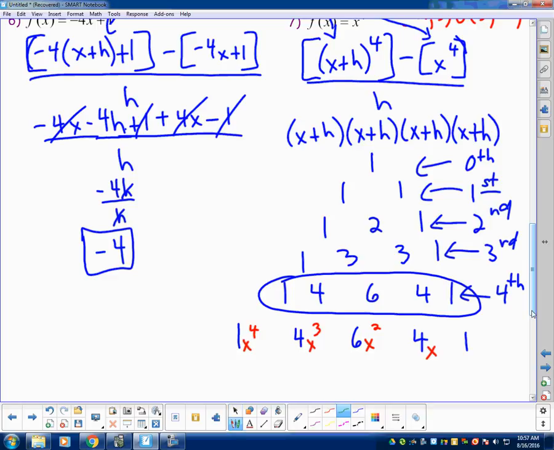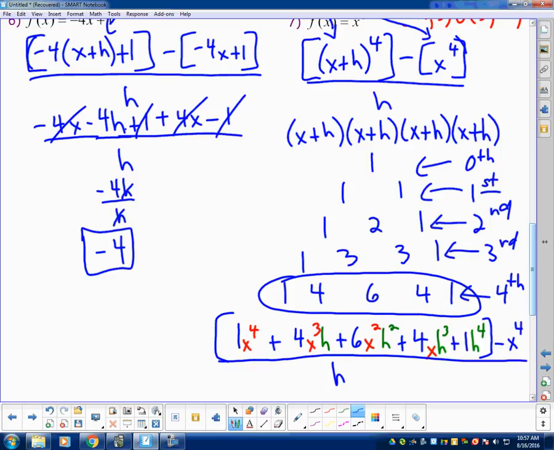And with the h, it's h to the 0, which would be 1, and then h to the 1st, h to the 2nd, h to the 3rd, and h to the 4th. And in between we have all plus signs because it's x plus h to the 4th. That's all the f of x plus h term. That's this part right here. And then I have minus x to the 4th. That's the f of x part, all over h.